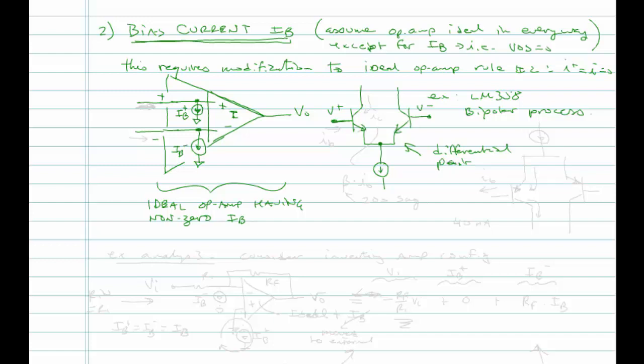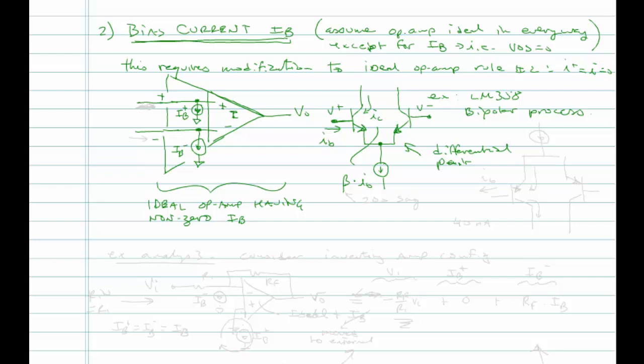It's not something I would expect you to have seen in a first circuits and electronics course, but all we need to know is that bipolar junction transistors are current controlled devices. Current flows into the collector, IC, and that current is equal to the current gain beta times the base current, IB.